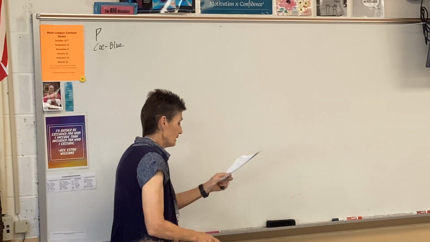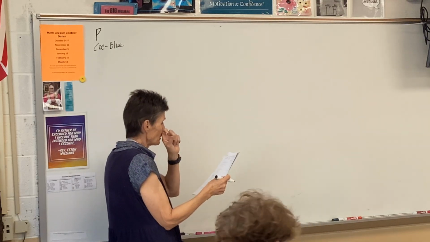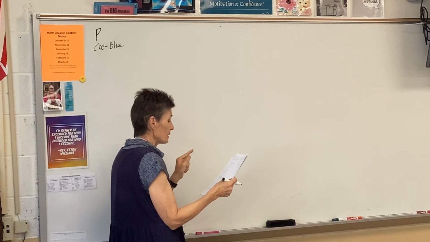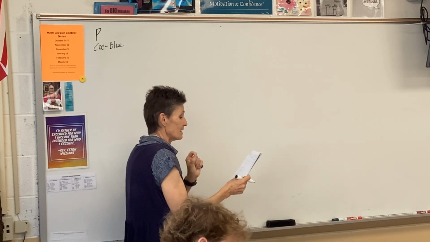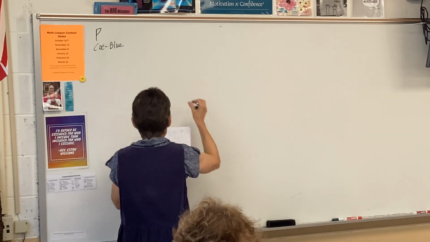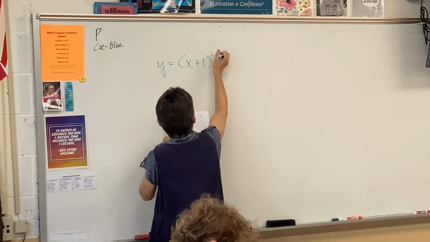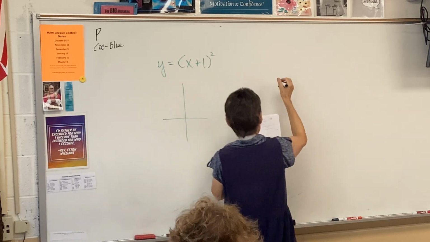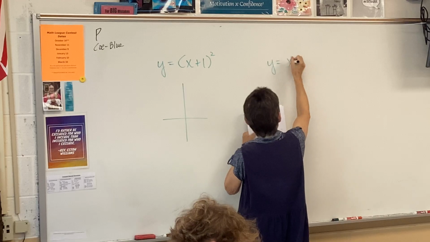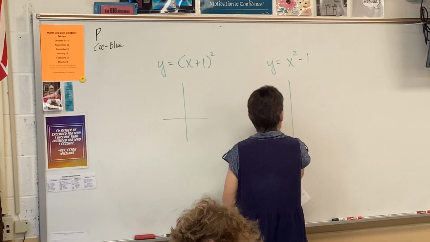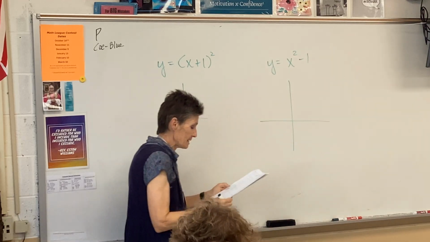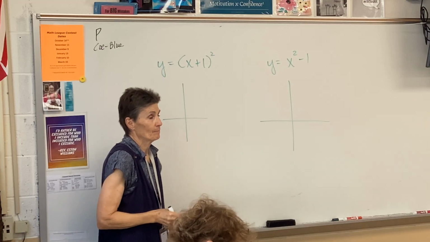Here we go. Let's look at, we are ready on page 10, part 3, D and E. Okay? So D and E are very, very similar. What do D and E have in common?